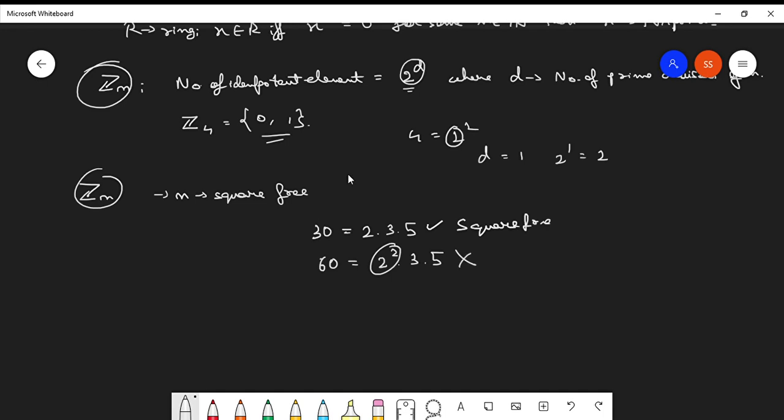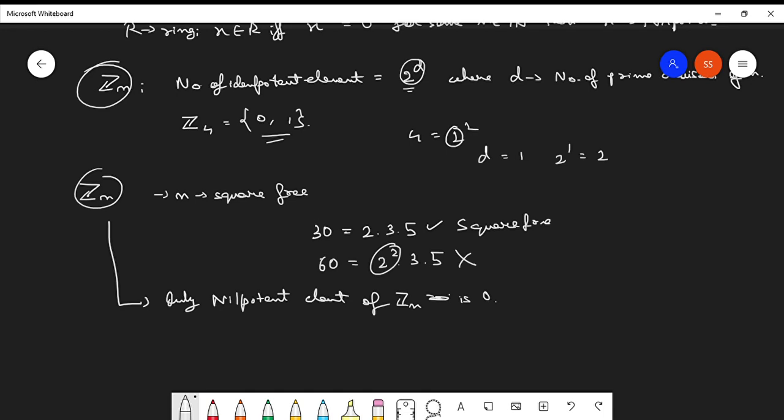So if you have a ring Zn where n is square free, then the only nilpotent element of Zn will be 0. Any Zn ring with n being square free has only one nilpotent element, and that is 0. Is it clear?